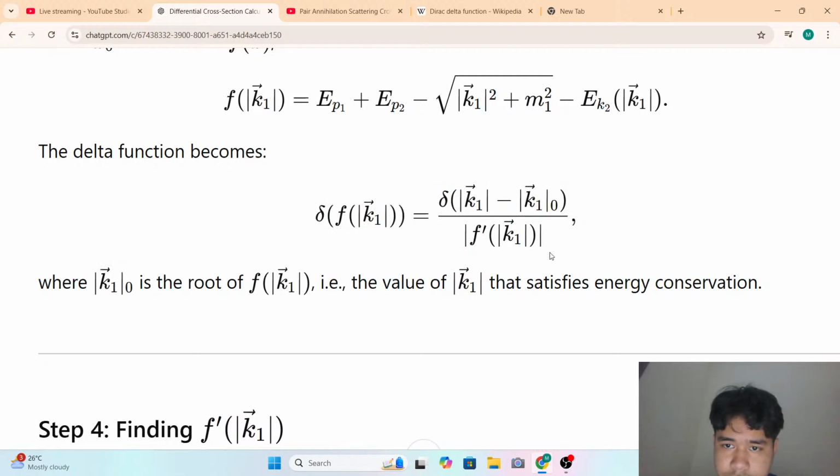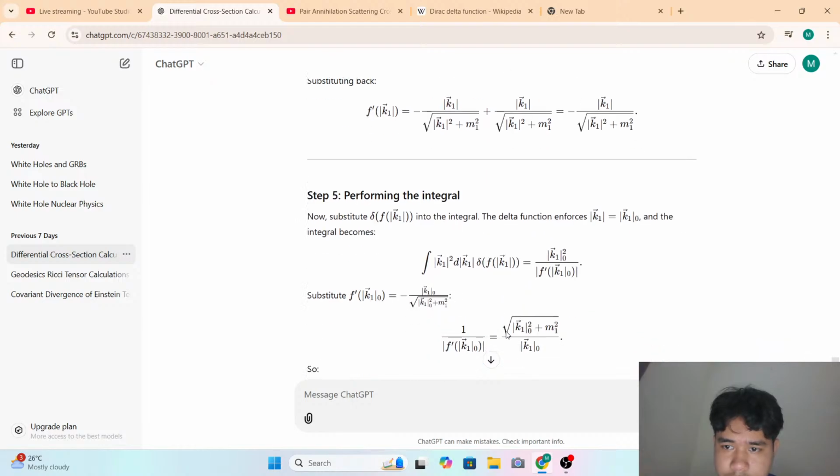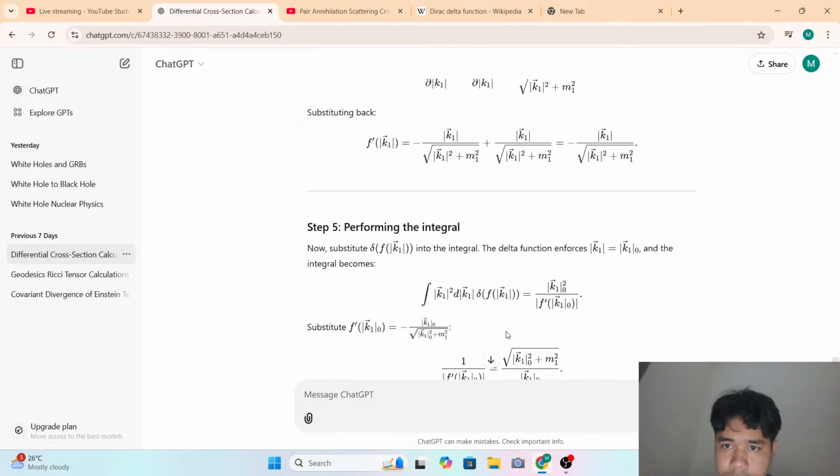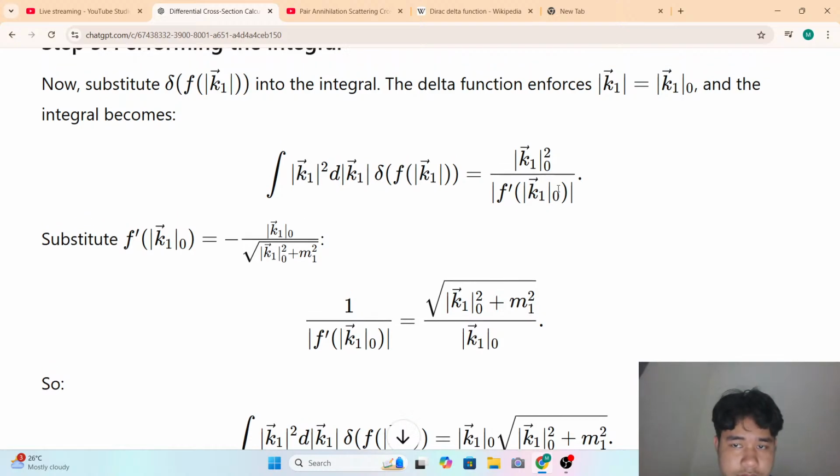I mean, this 1/f derivative actually exists. That's my only problem. Whether it actually exists.